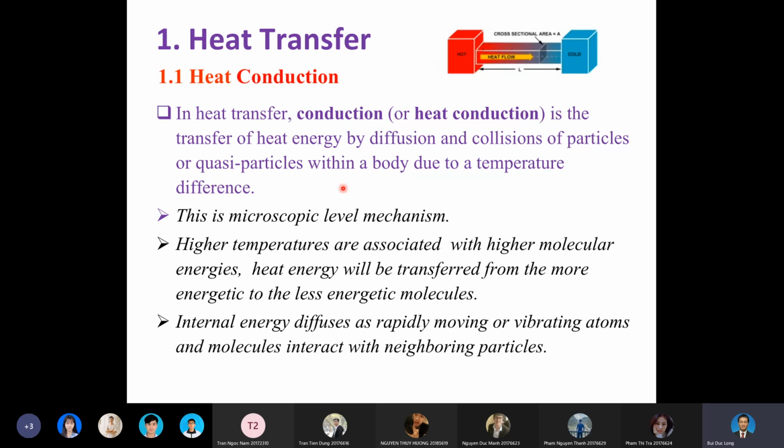We will discuss what diffusion and collision of particles are, which is the driving force for heat conduction.